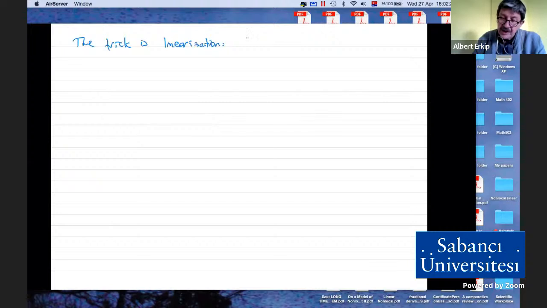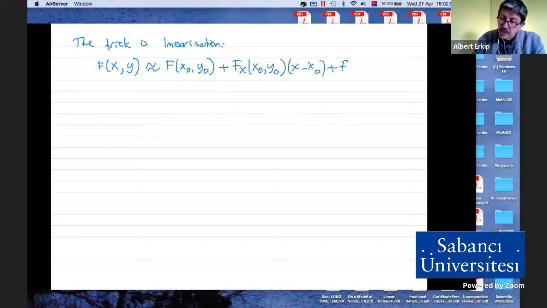So if I have a function f which is differentiable, then the tangent approximation tells me that f(x, y) is approximately equal to f(x0, y0) plus f_x at (x0, y0) times (x minus x0) plus f_y at (x0, y0) times (y minus y0).